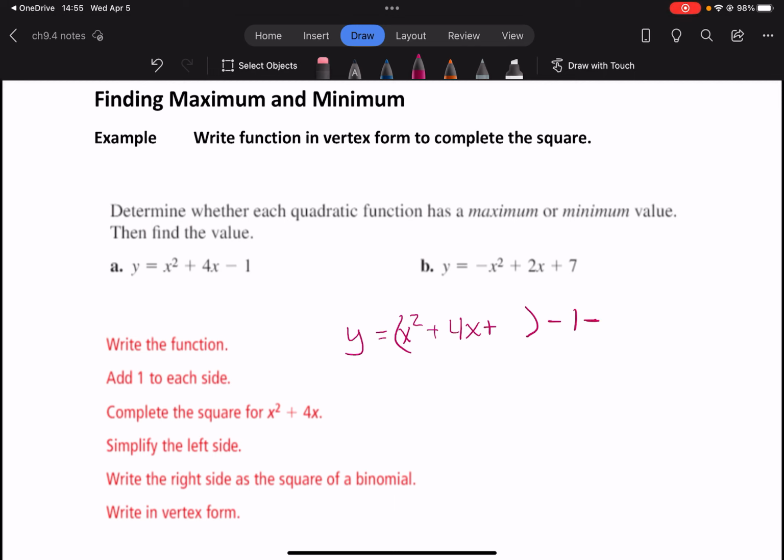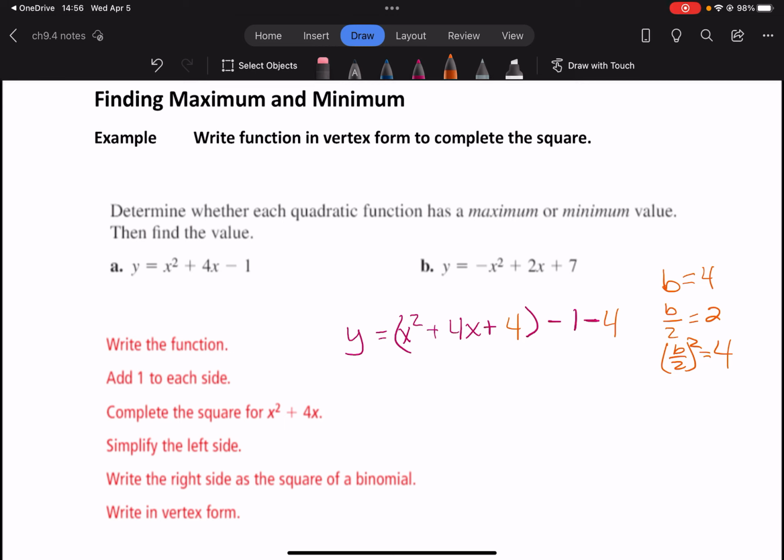Because if I add a number and I subtract it, I'm essentially adding 0. So we want to find out in the parentheses, what's b? Well, b is 4 in that case. b over 2 is 2. Now we square it, and it's back to 4. So I want to put a 4 as an add and 4 as a subtract.